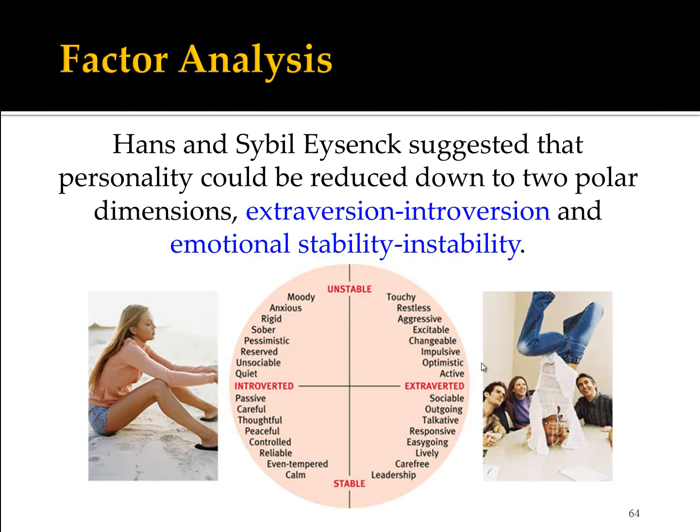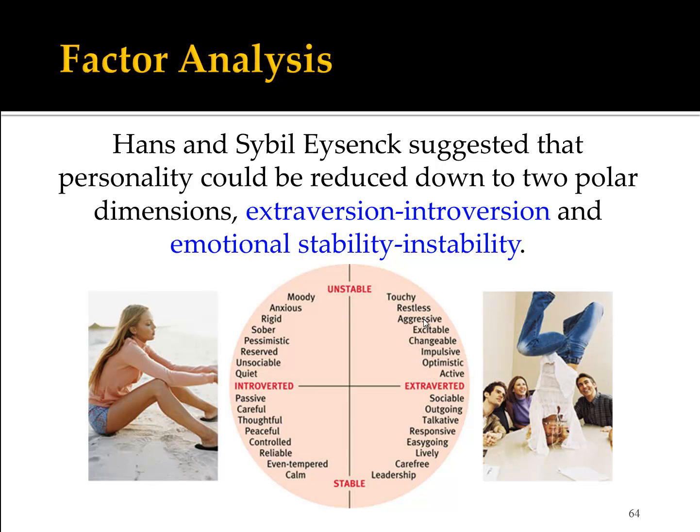Okay. From there, applying factor analysis, the Eysencks came up with what they called a two-polar dimensional scale that they thought they could describe personality on. And they had extroversion, introversion, and then emotionally stable and emotionally unstable.